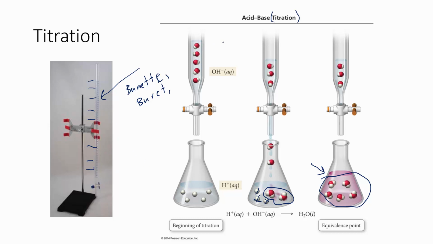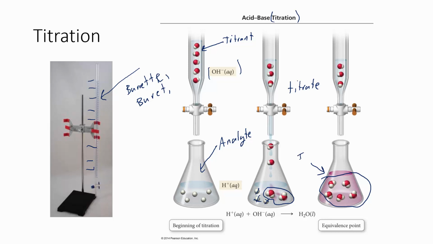But you put a titrant, something you know the concentration of, inside the burette. In this case, we've used a base. We're going to add that to an analyte, something we don't know the concentration of, but the titrant reacts with. And then we're going to titrate, or perform a titration, by adding the titrant to the analyte.